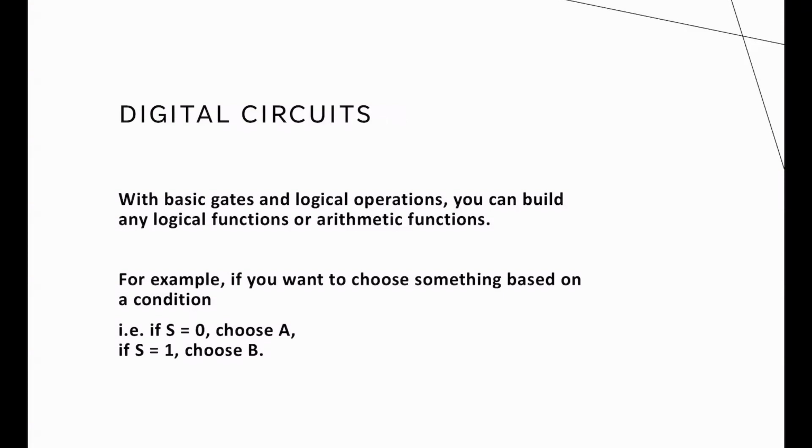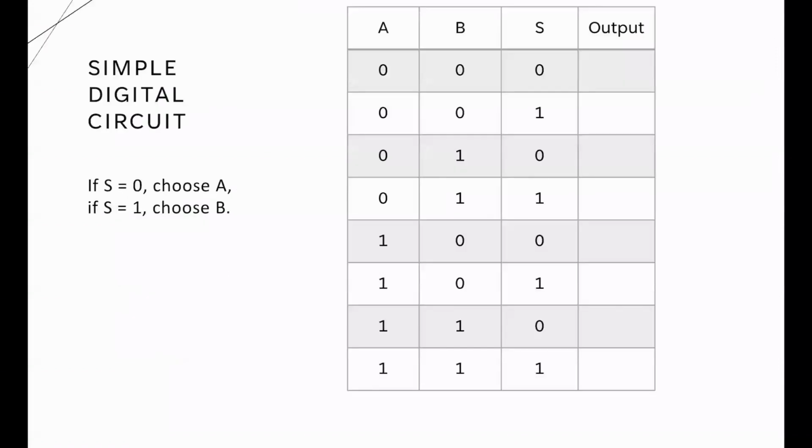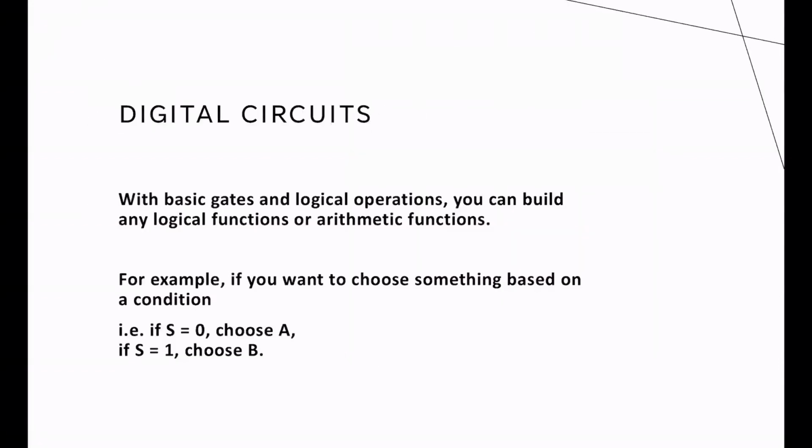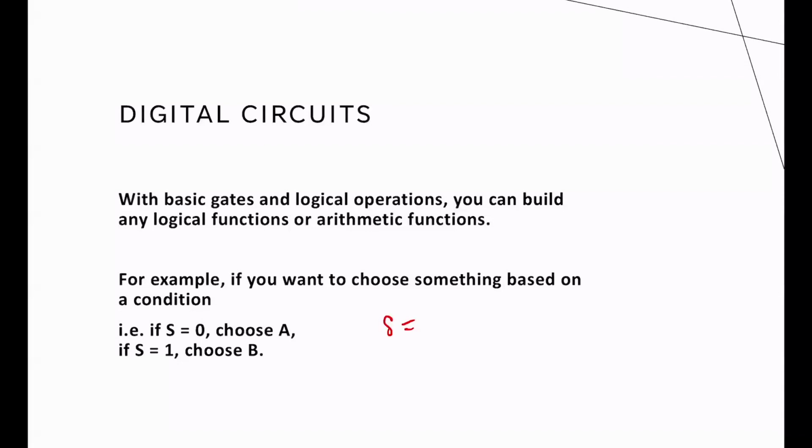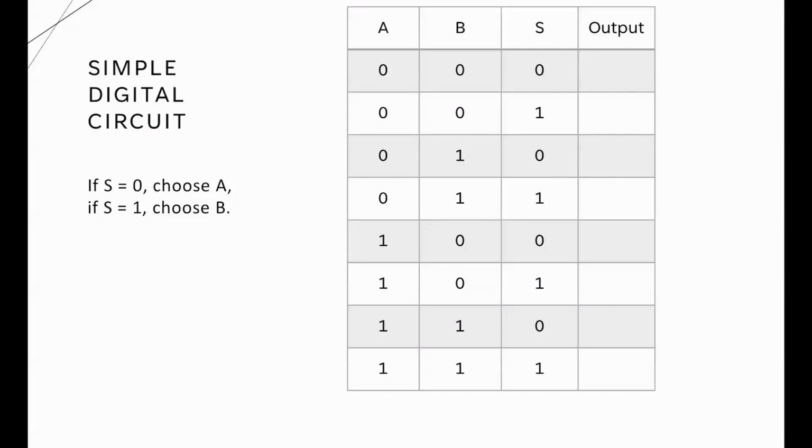So let's say you want to build something based on a condition. You have S, A, and B, and let's build a circuit that has a selector S. If S is equal to 0, you have to let A out. And if S is equal to 1, you have to let B out.